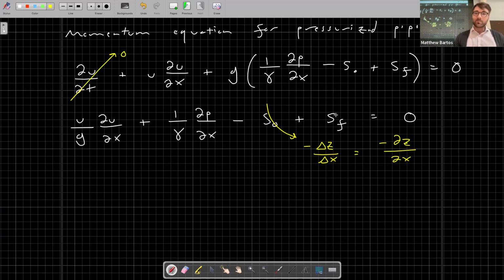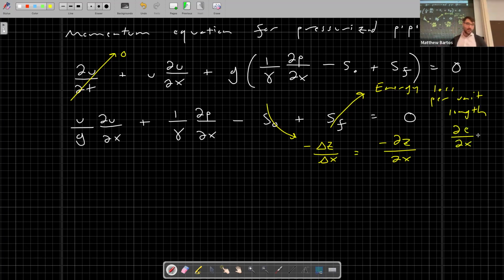And the friction slope, remember that I stated before that this is the energy loss per unit length. So this will be dE/dx.